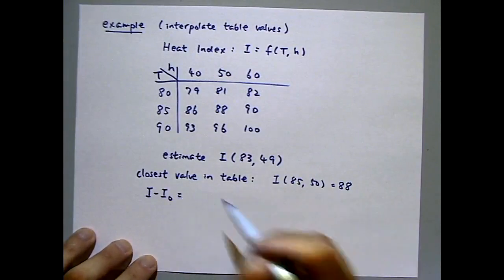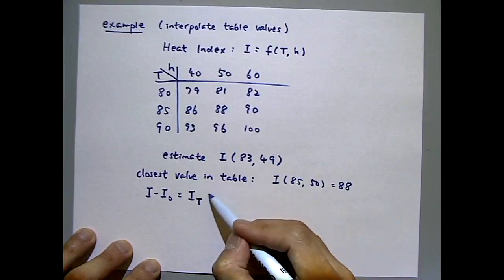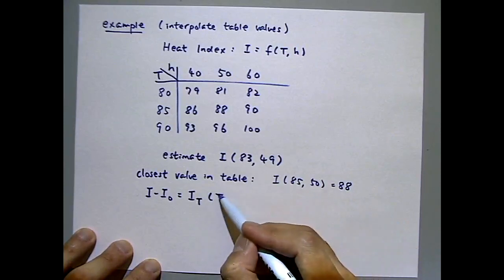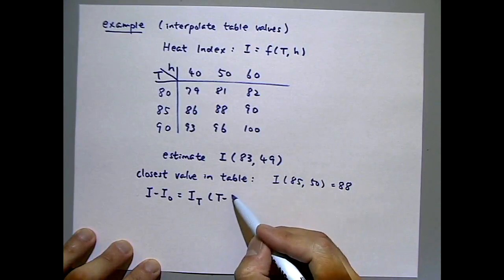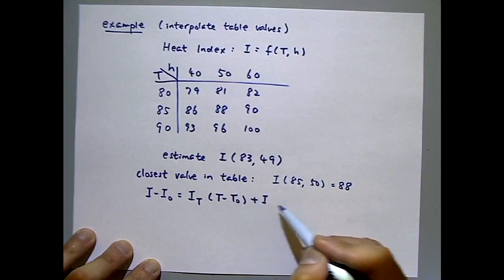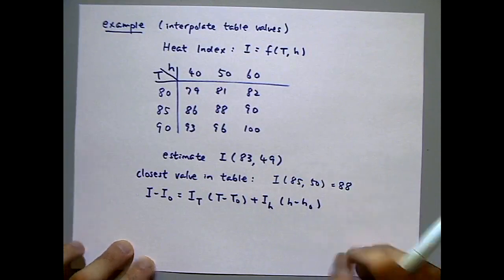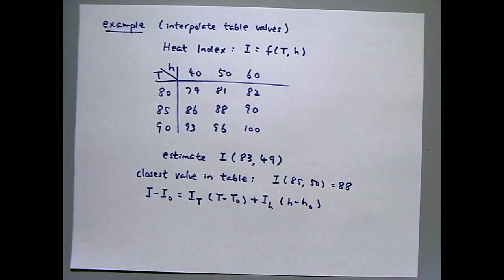And here I'm writing down the tangent line equation. And instead of x, y, z, we have capital I, capital T, and lowercase h. But they're just variables.